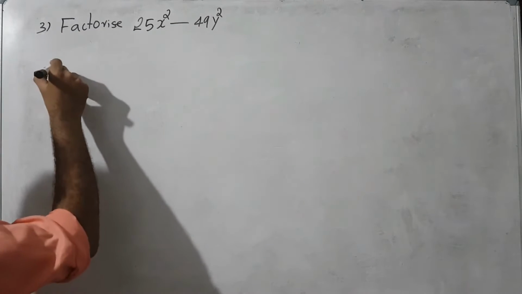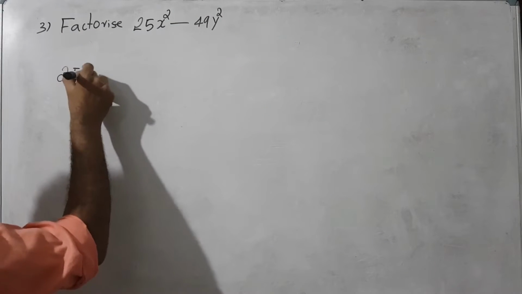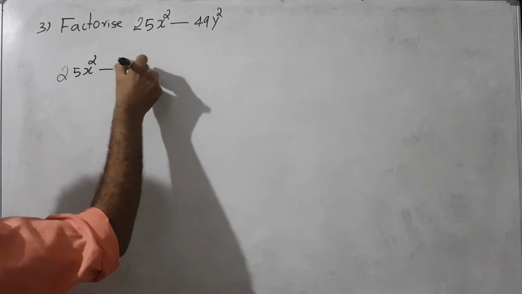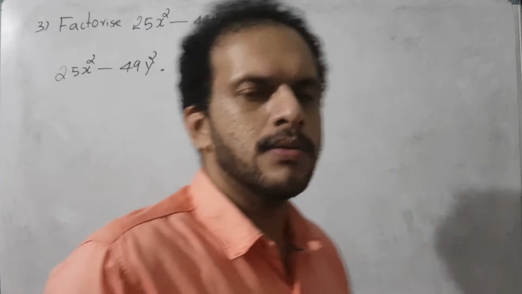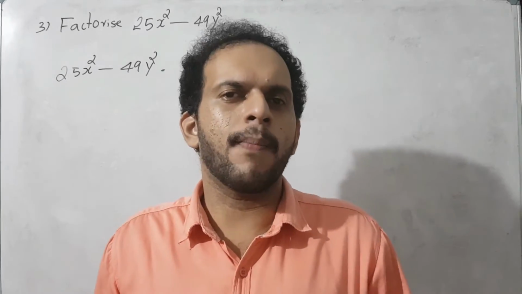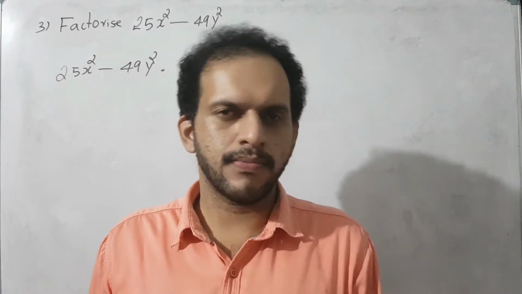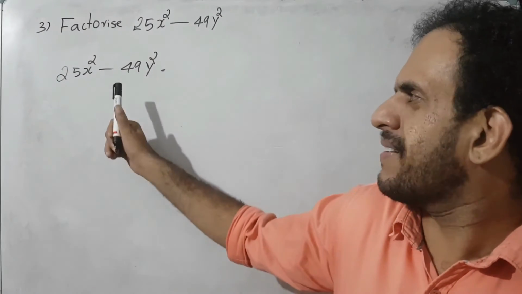What is our question? We need to factorize 25x square minus 49y square. Here we have two variables, so it's very clear we need to apply the identity for the factorization. How many terms do we have?